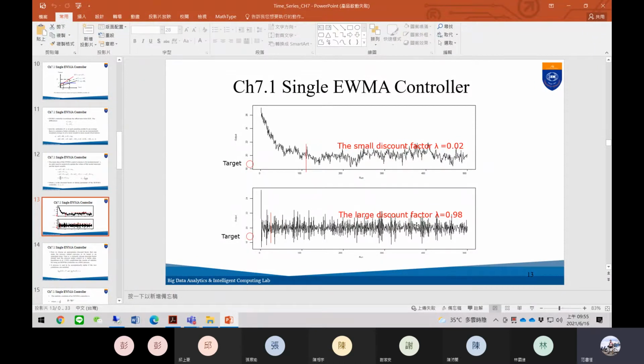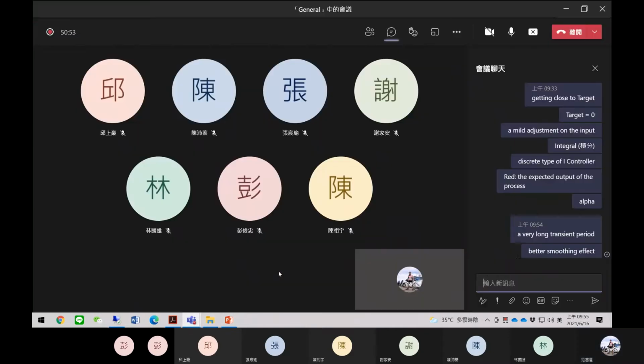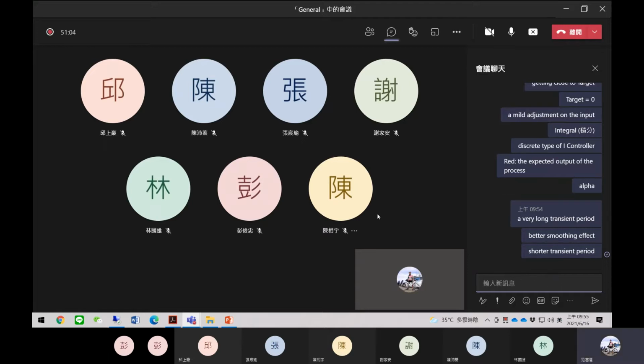So if we apply the larger discount factor, it has a very short transient period.